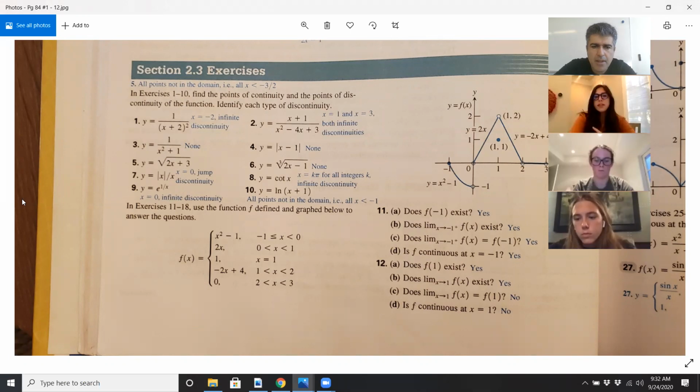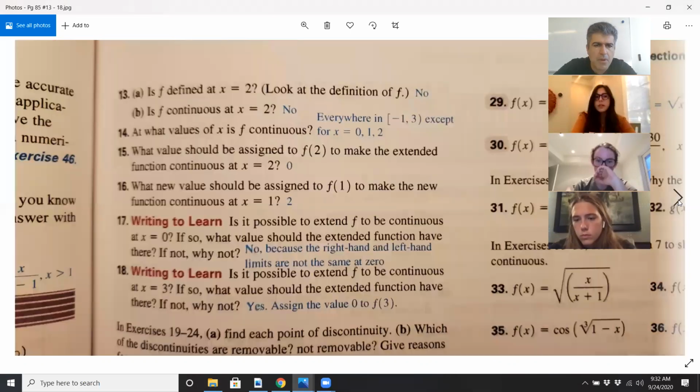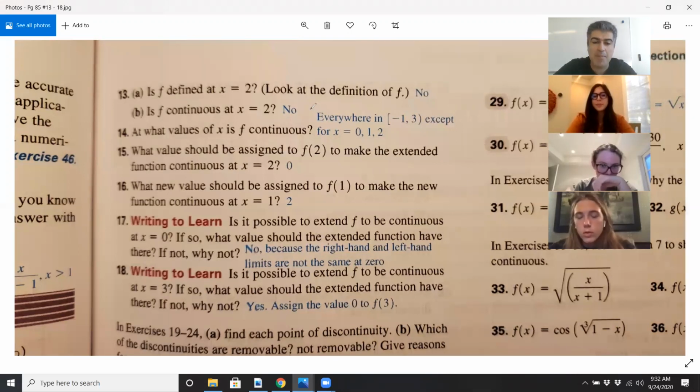I think it says everywhere between -1 and 3, excluding 0, 1, and 2. Oh, sorry. Okay. This is what happens. I told you guys, I'm not thorough enough. I work too fast. Everywhere in that interval except, right, exactly. So hopefully that answers the question.